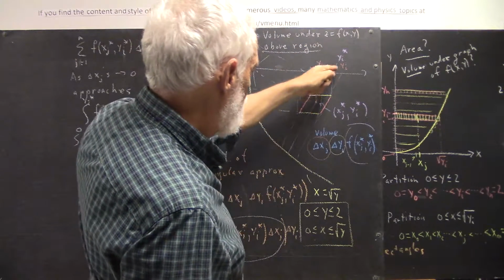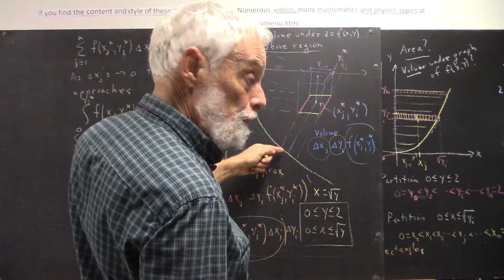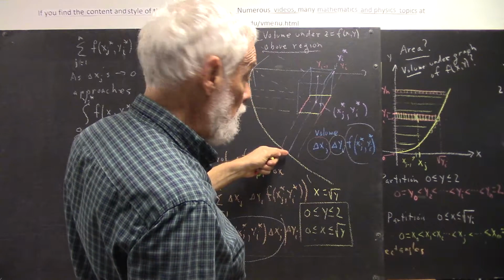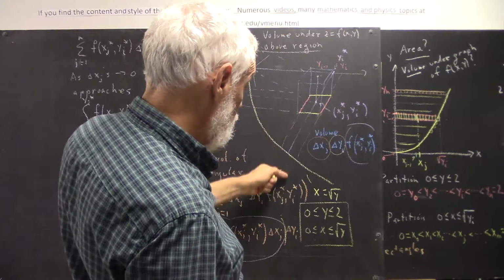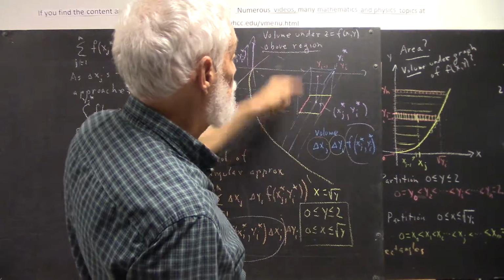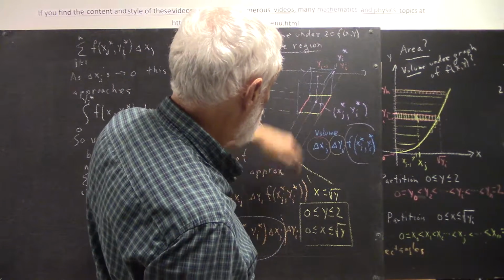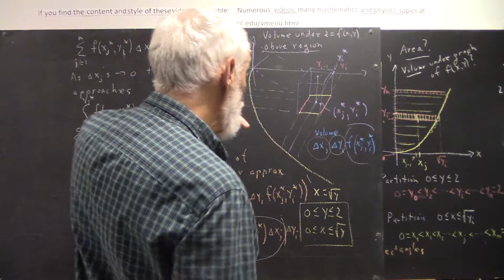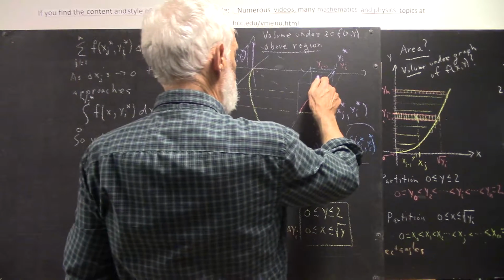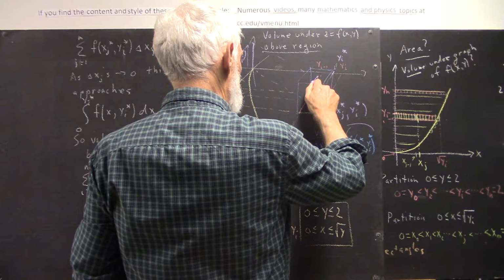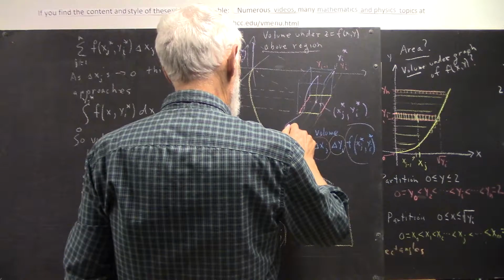If I confine myself to this line down here in the xy plane, I have a plane parallel to the xz plane that cuts the graph of my function. One of the points where it cuts the graph is here. The other points, we don't know what the function does, but let's just say the function does something like this.